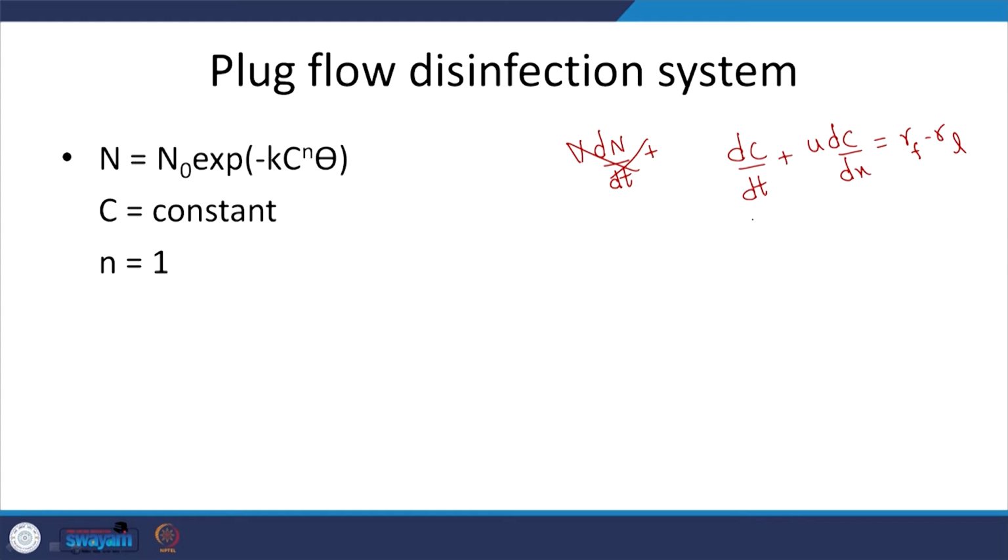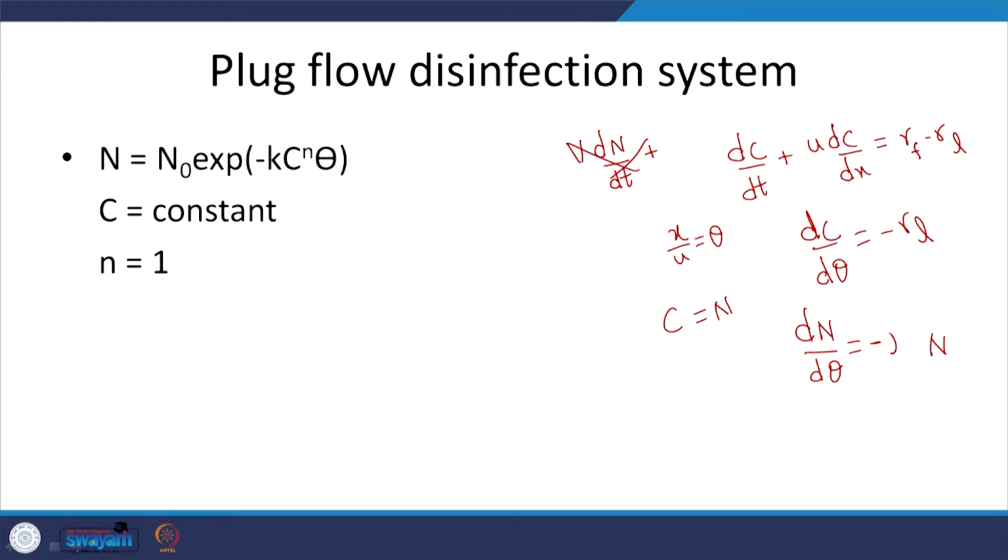So I'll end up with, at steady state, x by u is equal to theta. So dC by d theta is equal to minus the rate of loss, and C is N, the microorganism concentration. dN by d theta is equal to minus R_L, which is equal to K times the microorganism concentration.